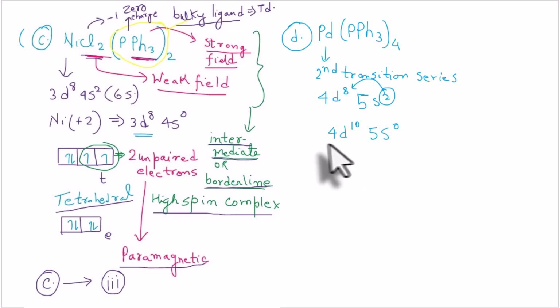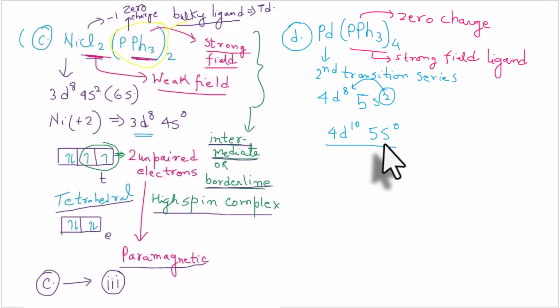Okay. So we have a 4d10 configuration for palladium. Now, we know very well that triphenyl phosphine PPh3 is a strong field ligand and it has a 0 charge. And that is why the d electrons will be paired.